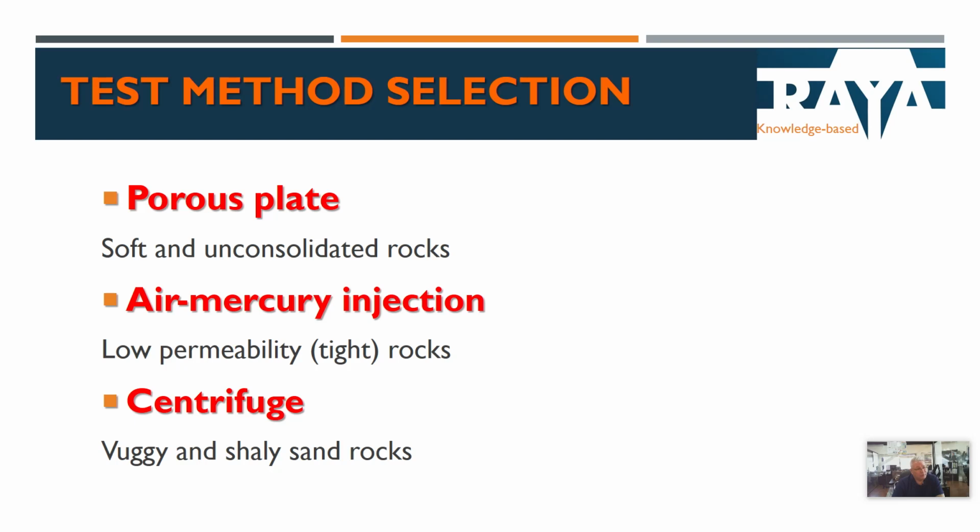and oil. Air mercury injection is used for low porosity tight rocks, and we work with high pressure, which can reach 2000 psi.